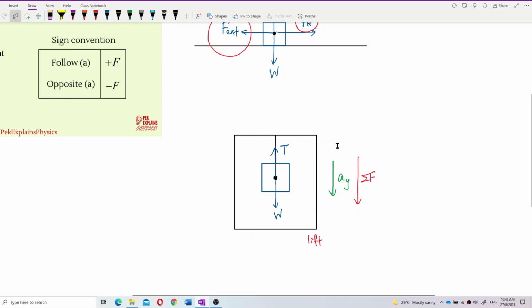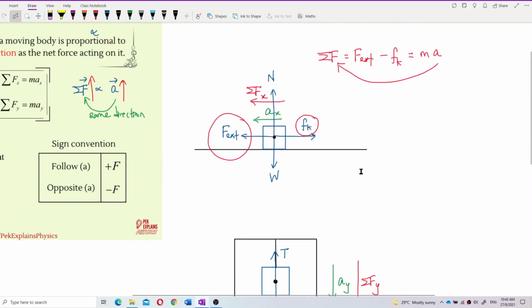If acceleration goes downward, the total force, the resultant force, also goes downward. Resultant force follows the direction of acceleration. So if acceleration is in the Y component, the resultant force is also in the Y component.